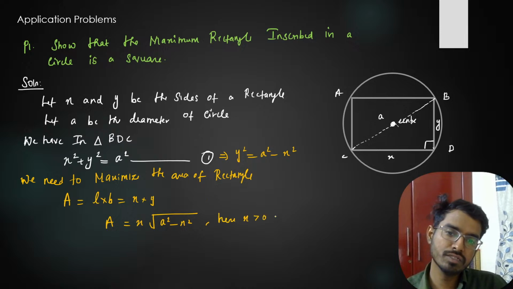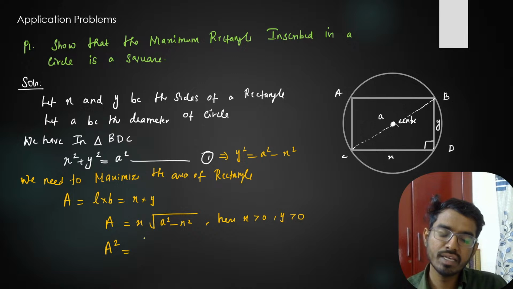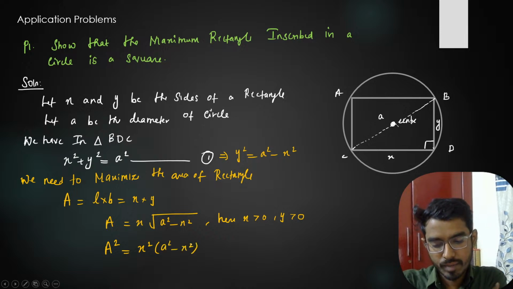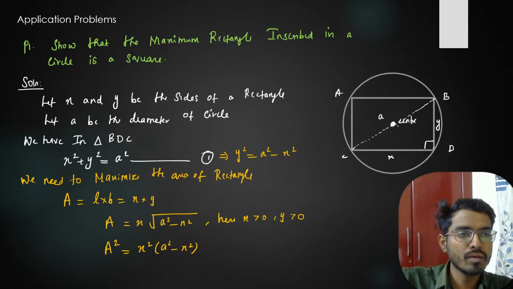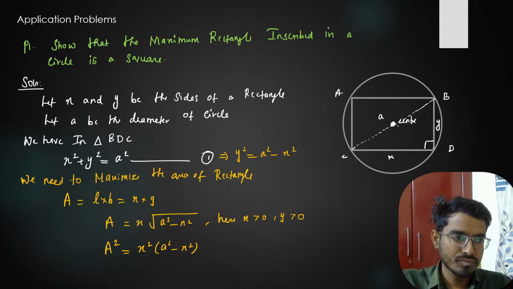Here, x is greater than 0, y is also greater than 0 because x and y are side lengths. So we will maximize a square, right?